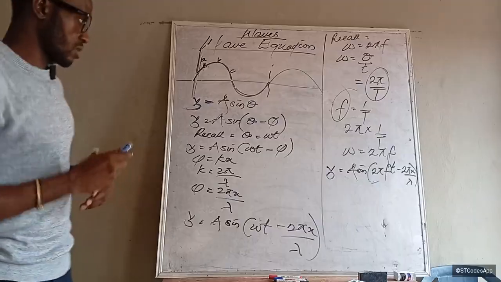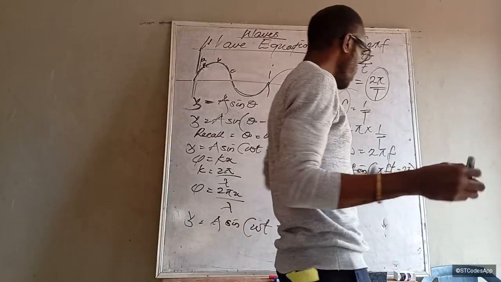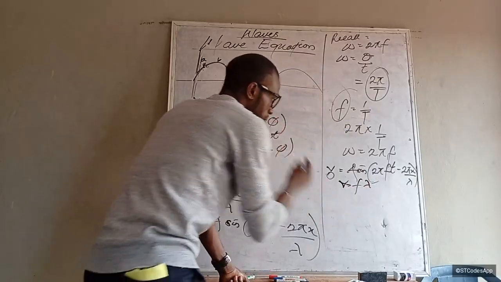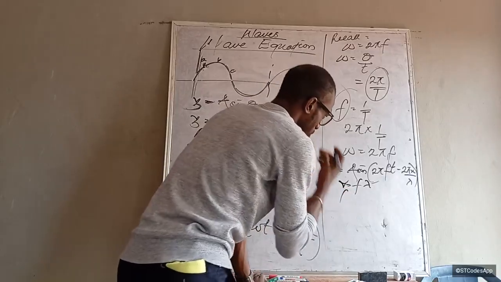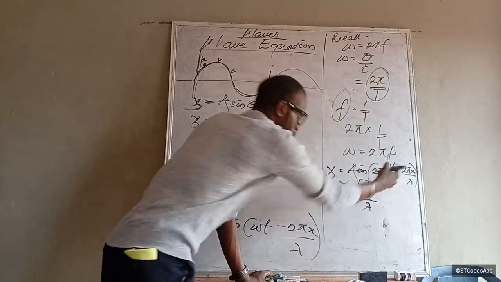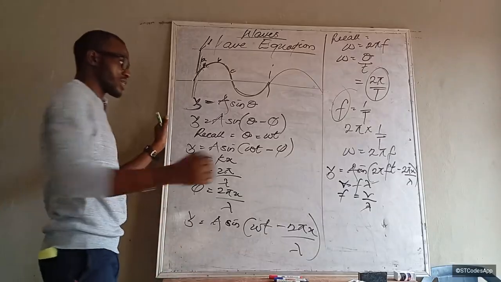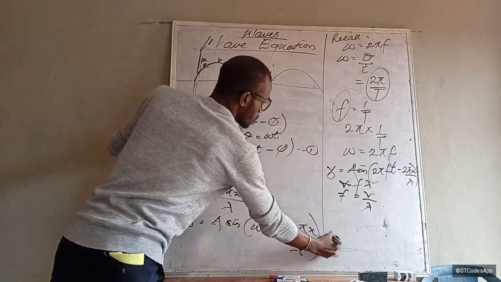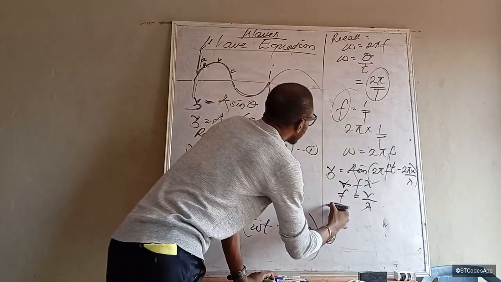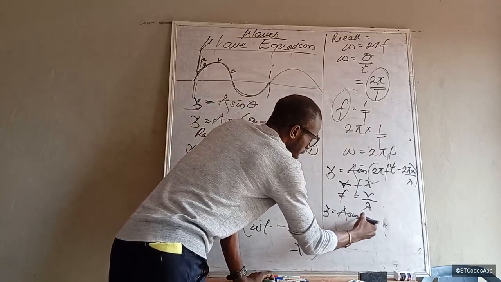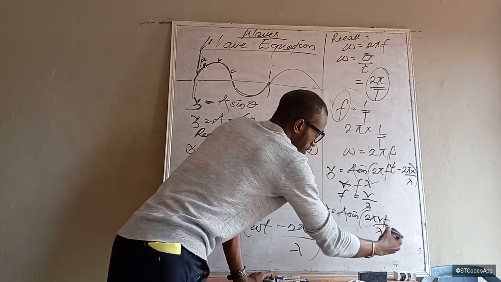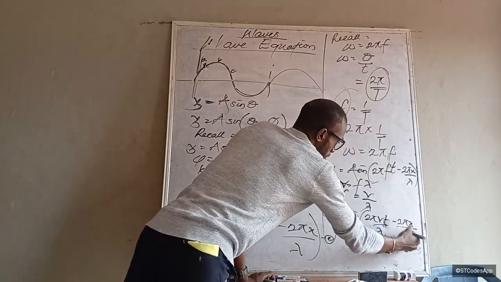Is it clear? Alright. From here, you remember that v is equal to f lambda. Do you remember? Meaning that f is v over lambda, right? So we can substitute into that equation. We have made many equations now. Equation 1, equation 2, equation 3. So here becomes y equal to a sine of 2 pi v over lambda t minus 2 pi x over lambda.